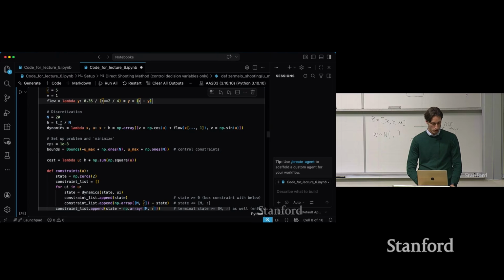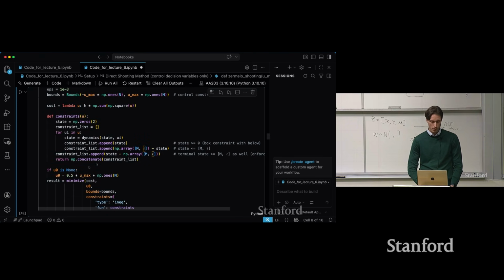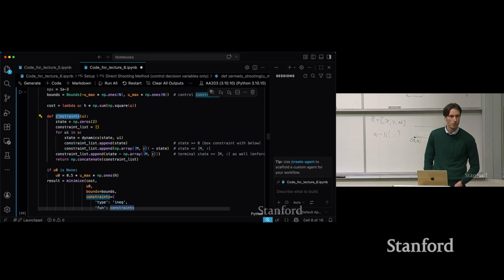And note that now we define this dynamics function, which indeed encodes our dynamics, so the fact that the next x will be the previous x plus the flow of the river. We have some bounds on our controls, exactly as we did before. So u has to be between minus umax and umax. But now the crux is in how we define the constraints, right? Note that now the constraints function is only a function of u, because u is the only optimization variable that we have.